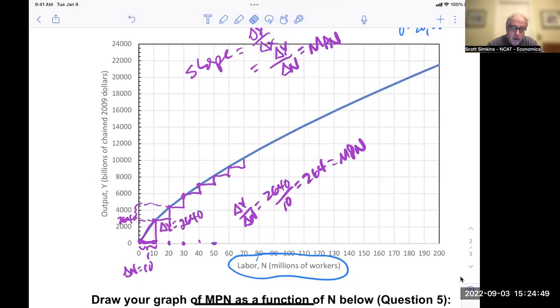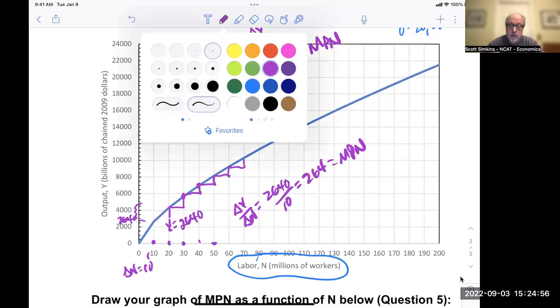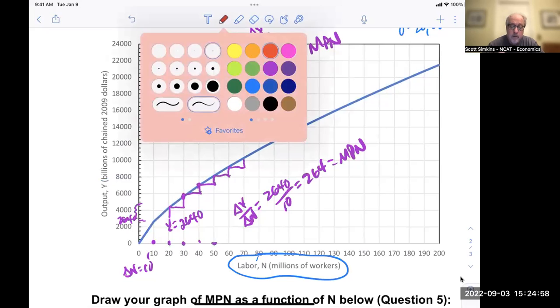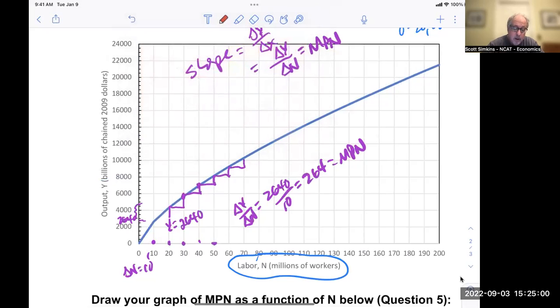So the slope here, the slope back here, I'll put a different color in there now. The slope here is like that. The slope here is like that. The slope out here, it's harder to see, but it's getting smaller. It's getting flatter.